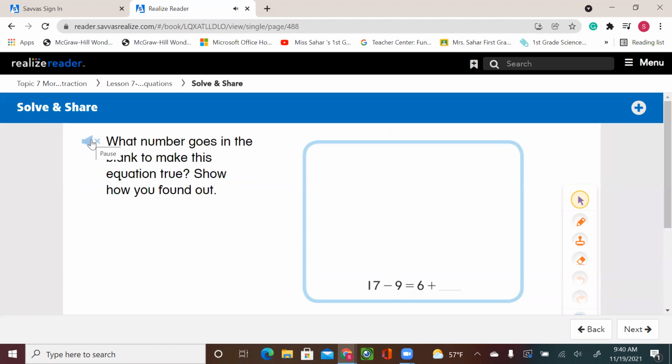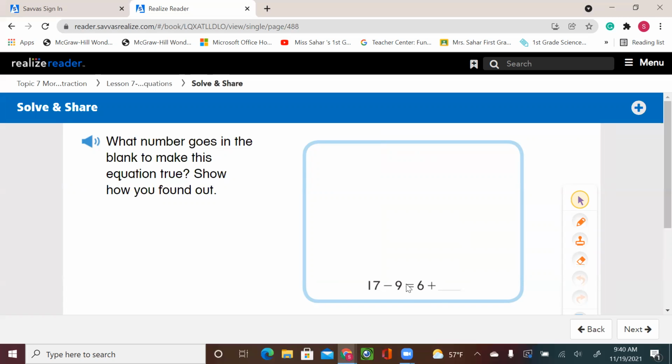What number goes in the blank to make this equation true? Show how you found out. All right. I have 17 minus 9 equals 6 plus something. So I know we covered this before. The equal sign means that the value or the answer or the sum for both sides should be the same.